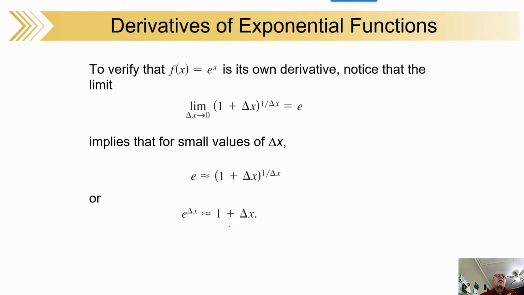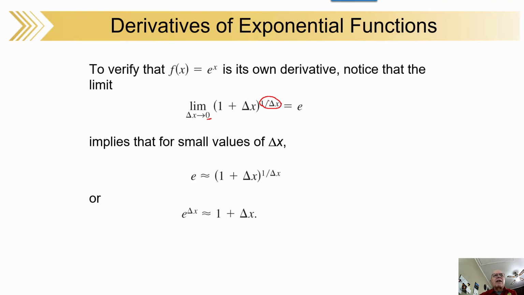But this is where e comes from. If you take the limit of 1 plus delta x, in other words, very close to 1, but then you take it to a power of 1 over delta x. If you give this just a tiny bit of thought, 1 is a constant. Delta x is getting closer and closer to 0.